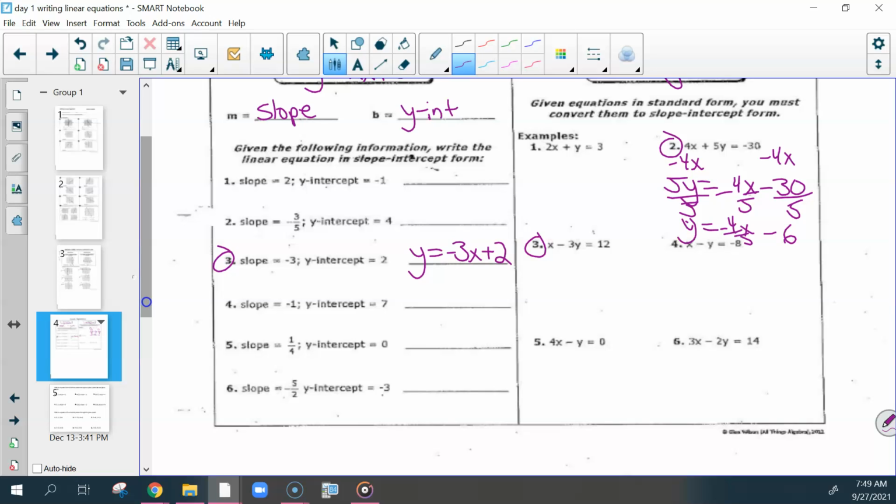So if the x term is positive, subtract it and divide. If the x term is negative, add it and divide by whatever is in front of y. Number 3, there's nothing in front of x, but it's still positive, so I can subtract it.